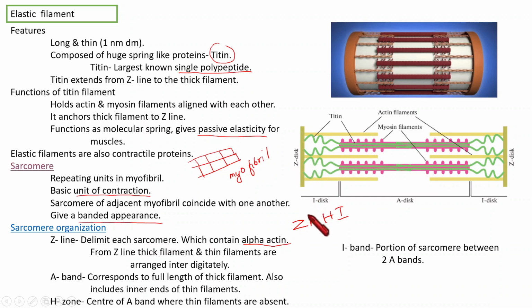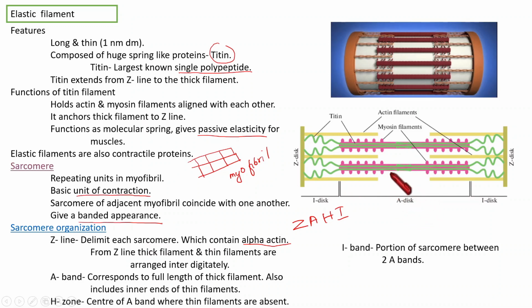Then the A band or A line. What is the A band? The A band corresponds to the entire length of the thick filament in one sarcomere. Here we can see from here to here, that forms the A band or A disc.